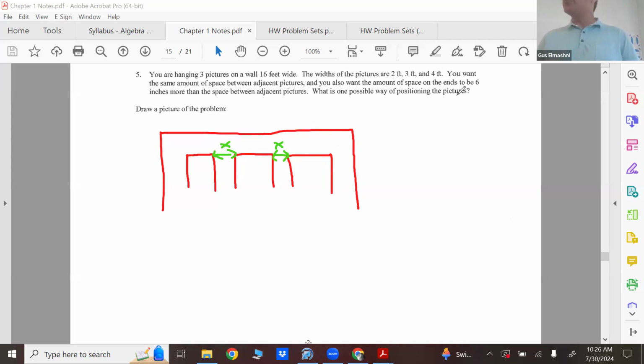If you convert 6 inches to a foot, 6 inches is what in terms of feet? How many inches to a foot? 12? Good. So 6 would be half, right? So that's gonna be half a foot.